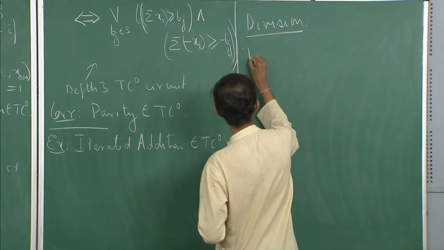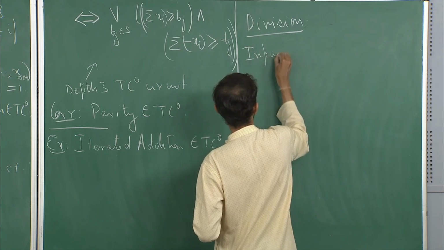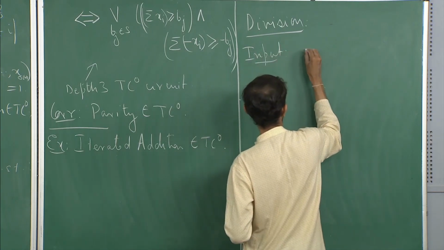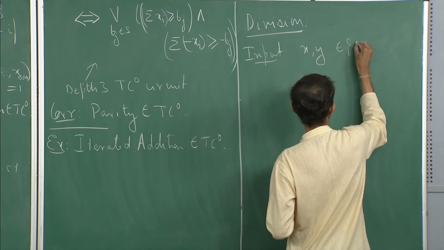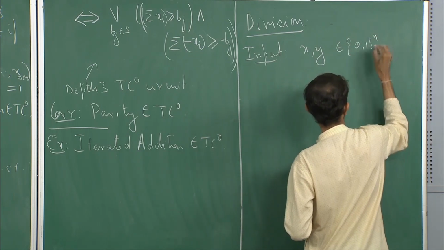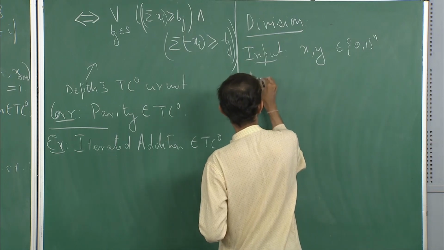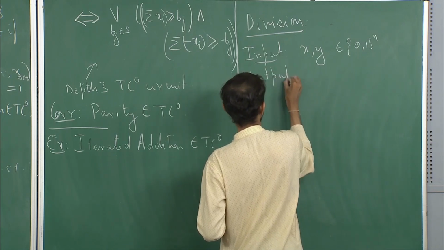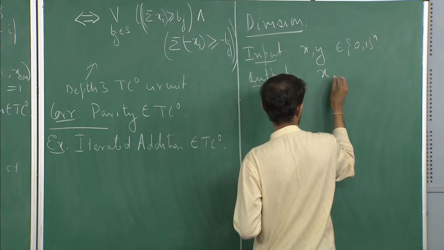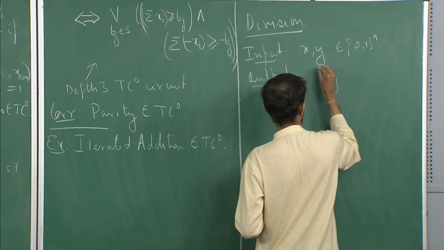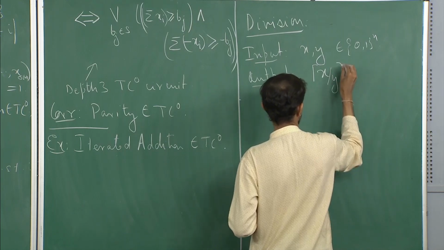So, the problem is we have input some x and y, okay, assume they are some n bit numbers, and what we want to output is, let us say, the ceiling of this.